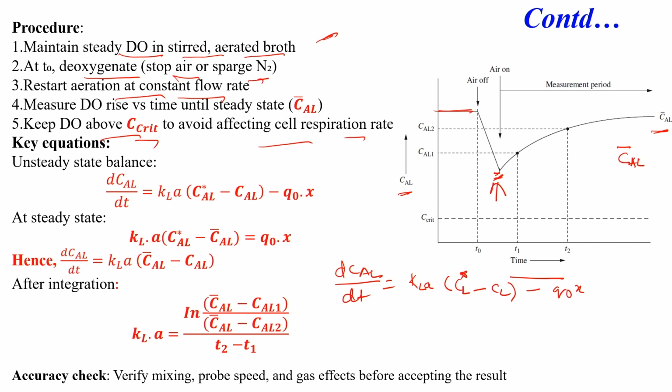Now, what happens at the steady state? We have started the aeration again, and it is reaching a saturation concentration of CL bar.